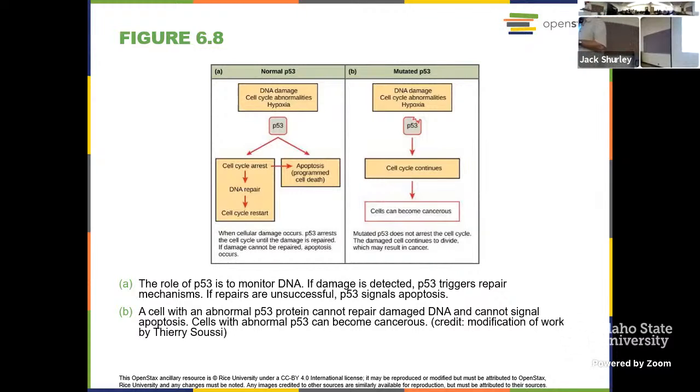And normal cells, when they come in contact with other cells, they stop growing. They don't push into the other cell's area, they stop, right? So that maintains a normal situation.